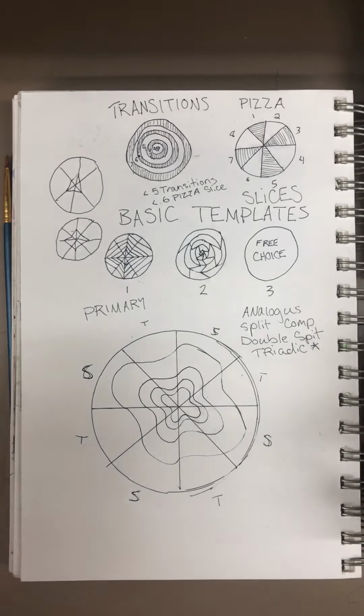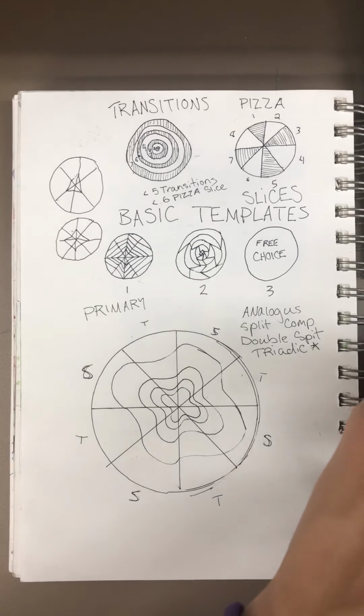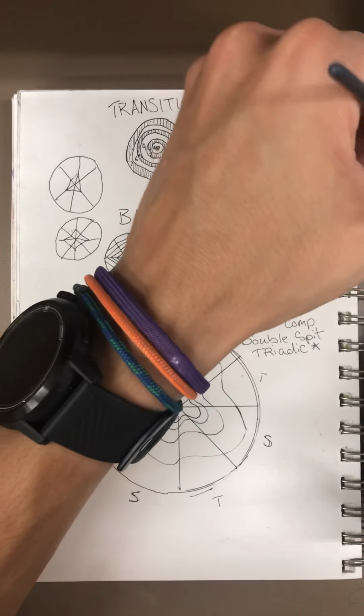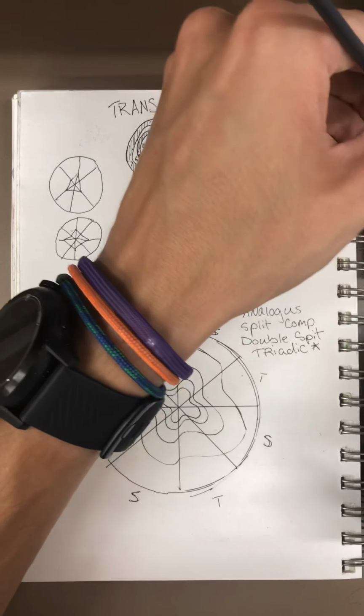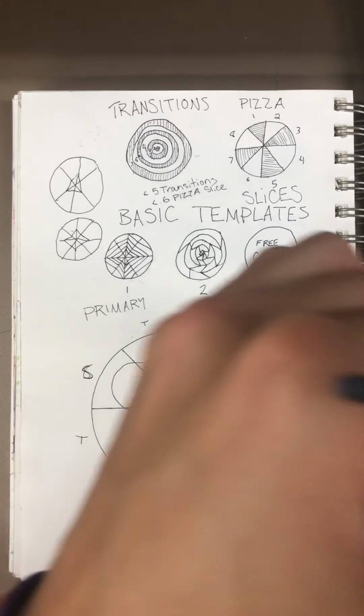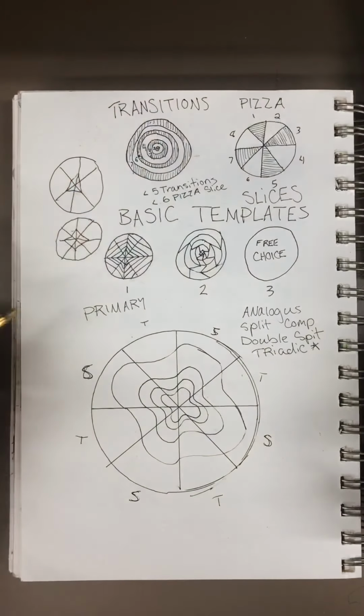I want to be able to map out everything I'm doing. That way it doesn't get confusing. I don't forget. All of it's written down for me clearly in my plans.